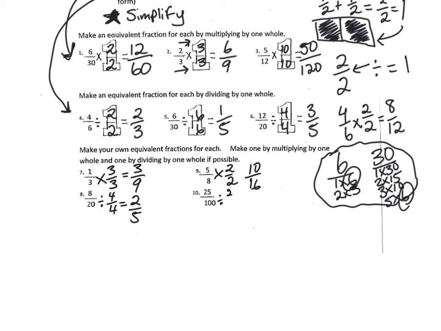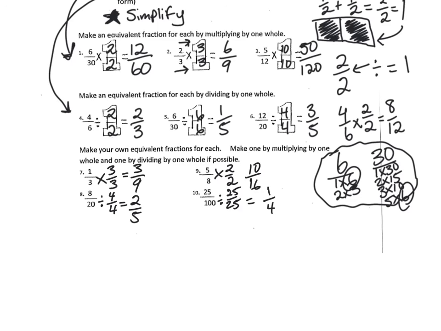And I'm going to divide by quarters, because I know a quarter would go into both of those. 25 divided by 25 is 1. 100 divided by 25 is kind of like saying how many 25s go into 100, or how many quarters make a dollar, which is 4. So 25 hundredths is equivalent to 1/4.